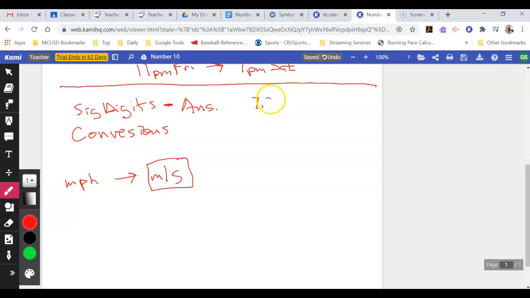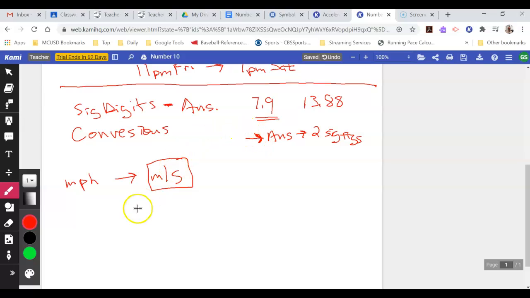So if you had a problem that, say, was given some numbers like 7.9 and then 13.88, you would need to put your answer that equals the least number of significant digits. So then your answer should be in 2 sig figs. Right? Just be careful to the directions for each of the problems.